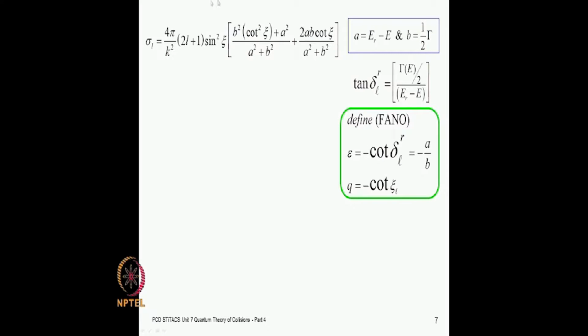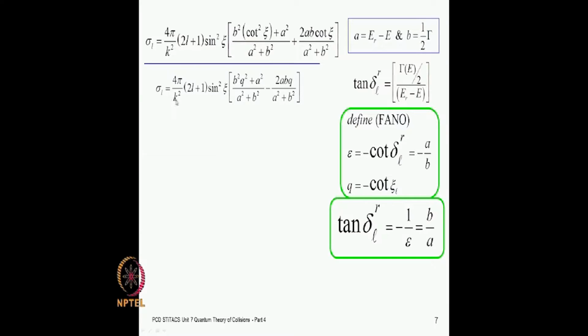So we will rewrite these terms. So instead of a and b, we will now rewrite it in terms of the Fano parameters epsilon and q. Now how do we do that? So we notice that if you take the reciprocal of q, you get b over a, okay? And then you have the partial wave cross section, which is 2L plus 1 sine square xi.